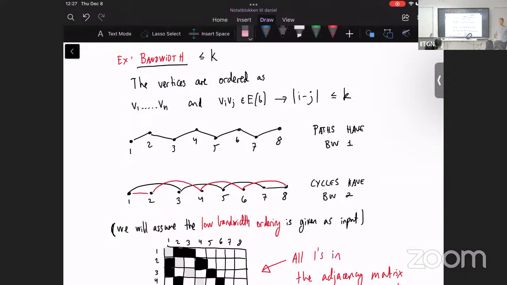So even if the bandwidth ordering isn't given, you can get a c to the k, if not 3 to the k algorithm for graphs of bandwidth at most k, even when the ordering isn't given. And in fact, for even more general graph classes. That's well outside of the scope of this class, though.